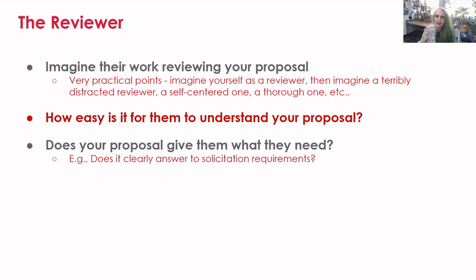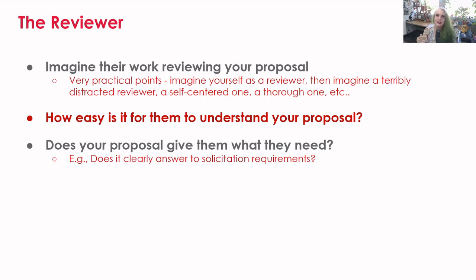Usually, reviewer guidelines can be found in the solicitation documents, sometimes on the sponsor website and in other sponsor documentation. You will find the clear training that they give to reviewers and what reviewers will have in mind when they come to your proposal.